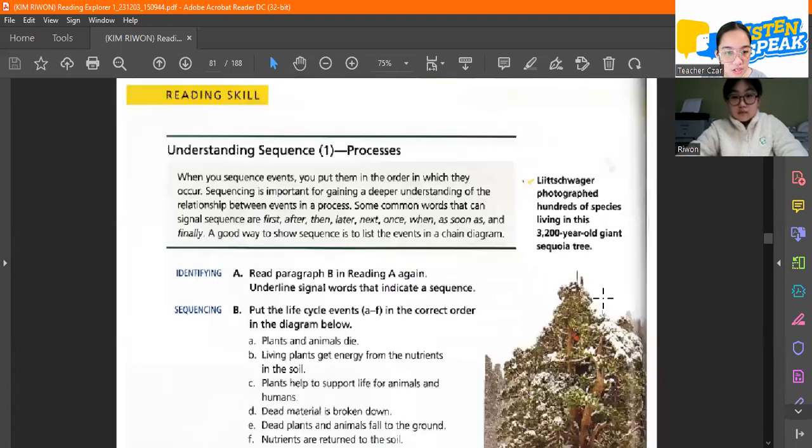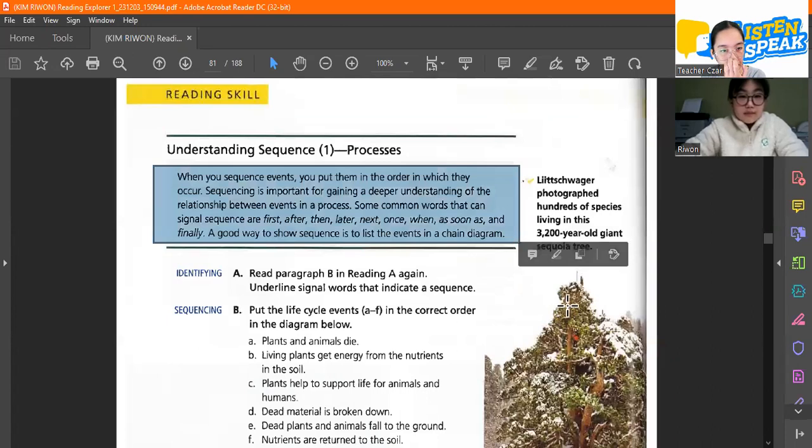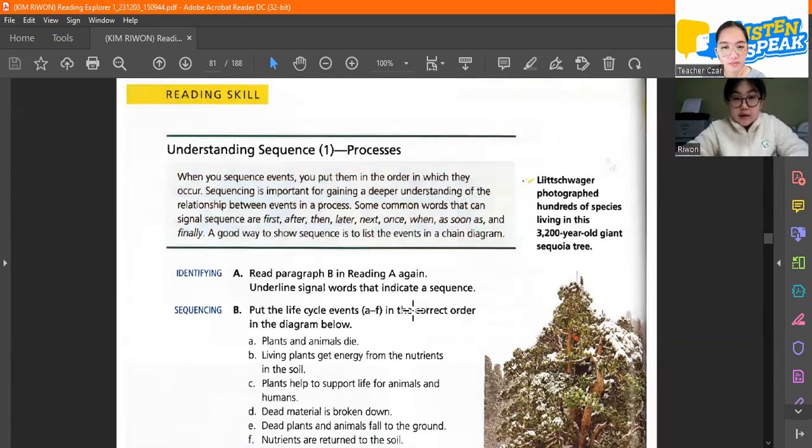Can you please try to read this one first? When you sequence events, you put them in the order in which they occur. Sequencing is important for gaining a deeper understanding of the relationship between events in a process.